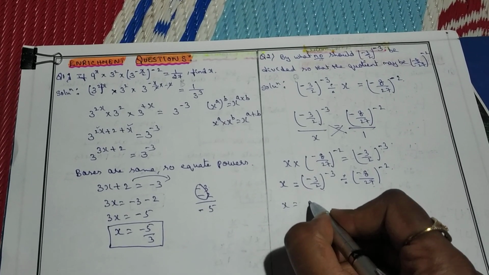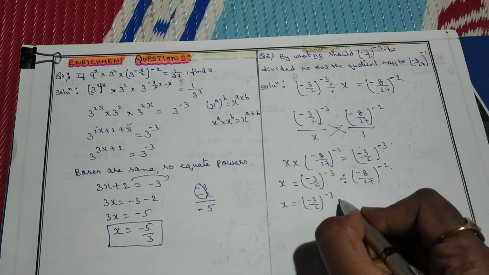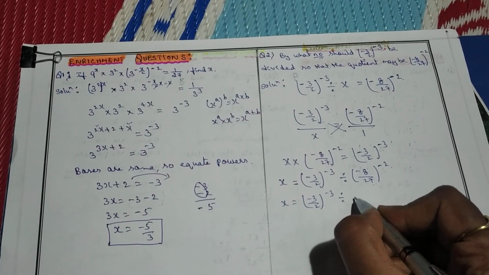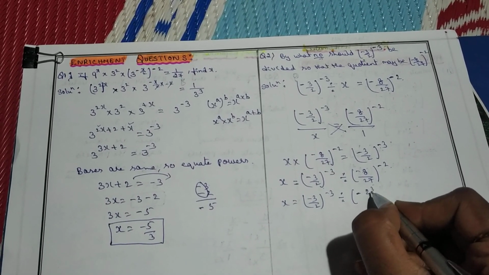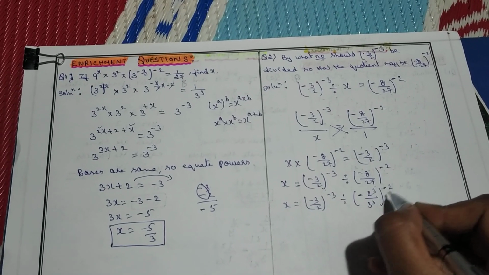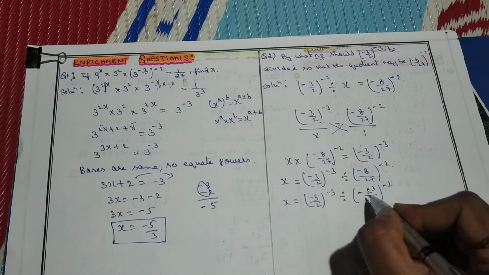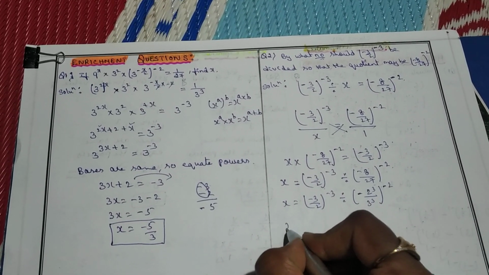Whereas 8 can be written with the power of 2 and 27 can also be written with the power of 3. So minus 8 is nothing but minus 2 cube and 27 is nothing but 3 cube, whole to the power of minus 2. This remains as minus only, children, because the cube of a negative is negative only.